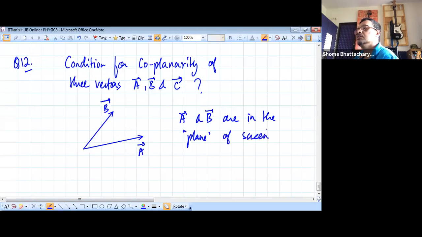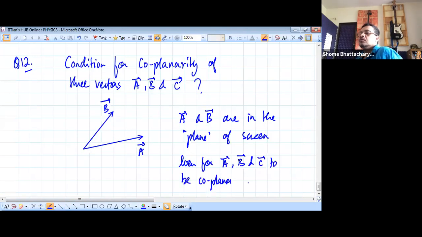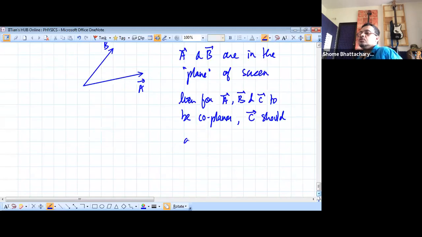Then for A, B, and C to be coplanar, C should also be in the same plane of A and B, which in other words is the plane of the screen.